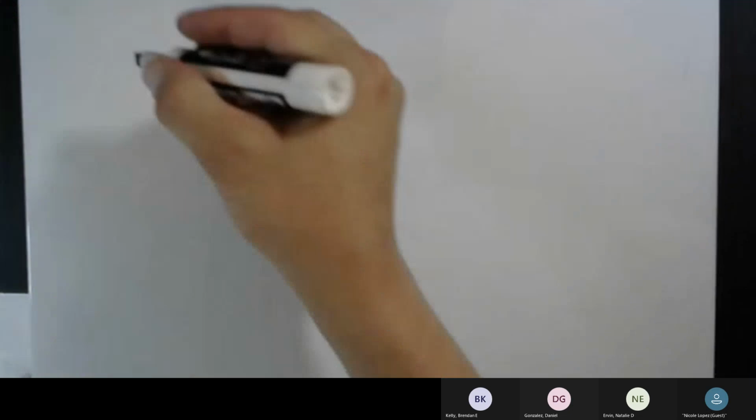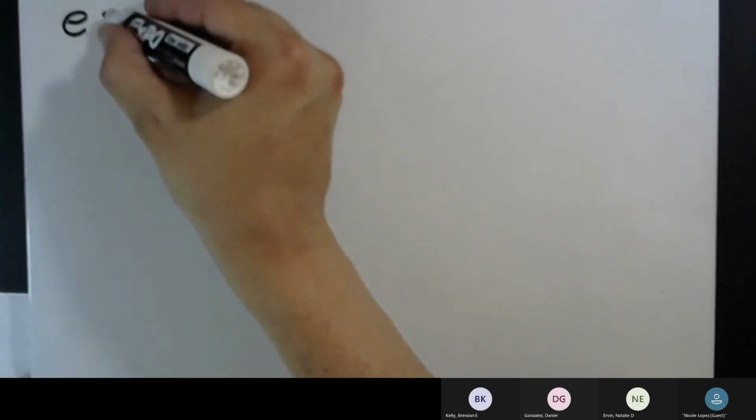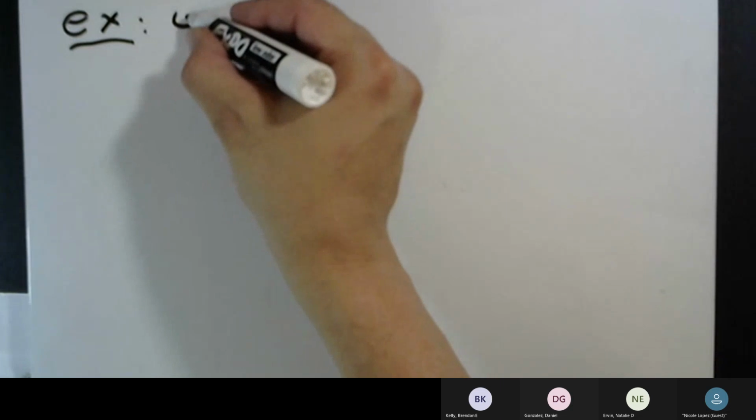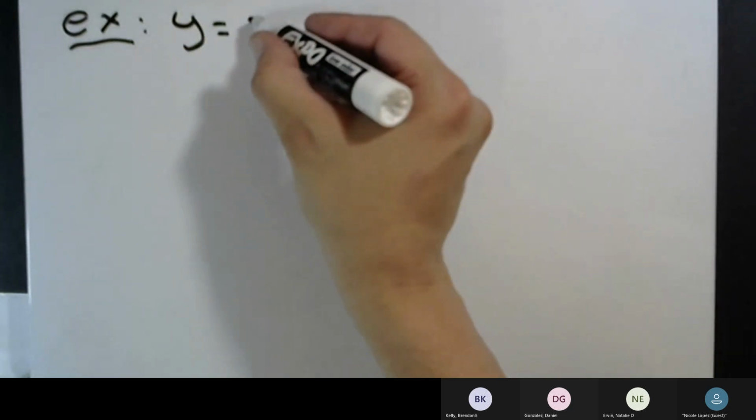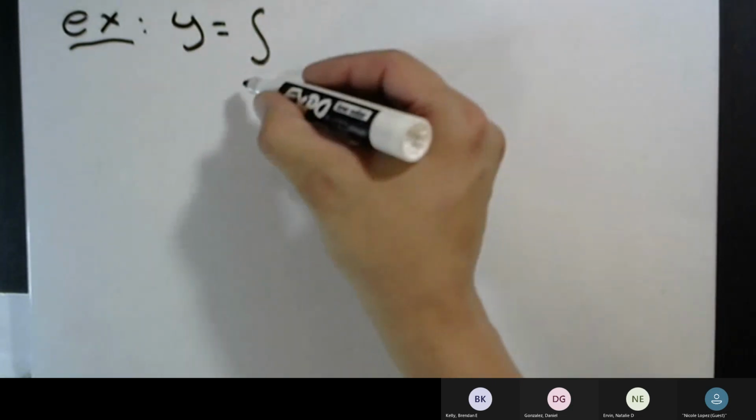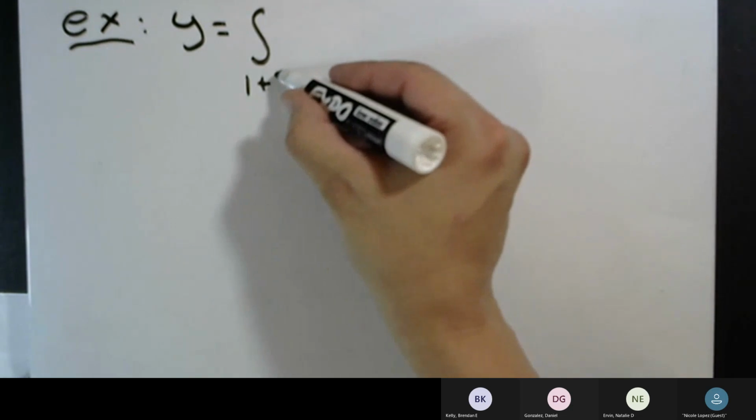And again, if I'm erasing too fast, let me know. I can always slow down. So let's say we have this. Now this one they could throw on a homework problem.